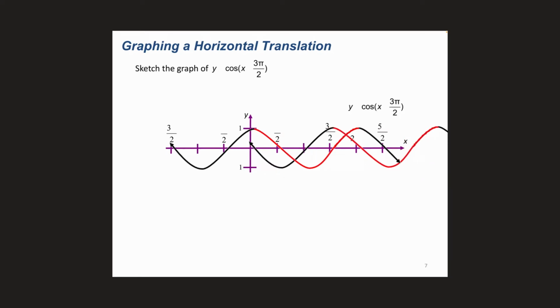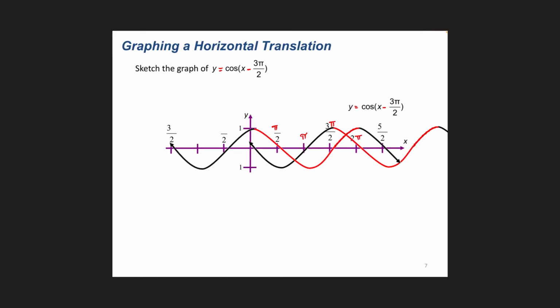And this should have been here minus 3 pi over 2. And this is 3 pi over 2. And this is pi. And this is pi over 2. And this is 2 pi.